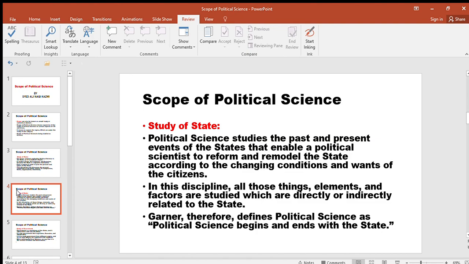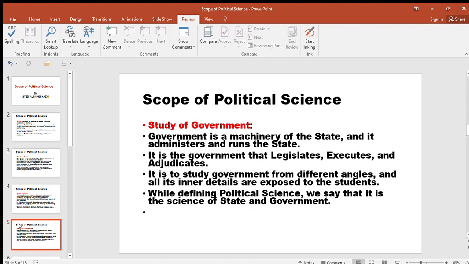And Garner defines political science as: political science begins and ends with the state. So, according to Garner's definition, political science is just revolving around the state. It is just the study of state.